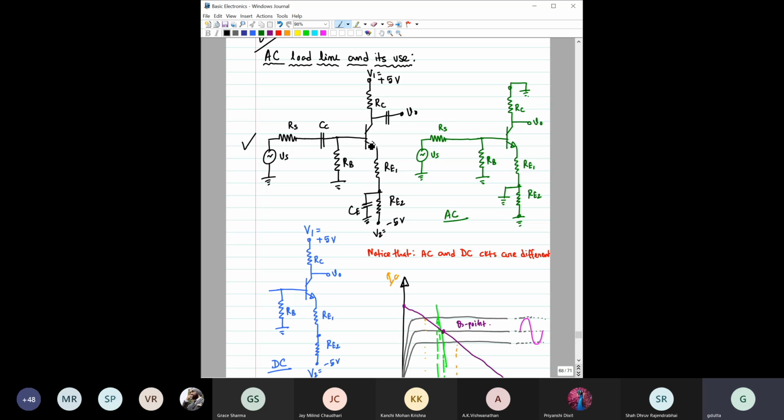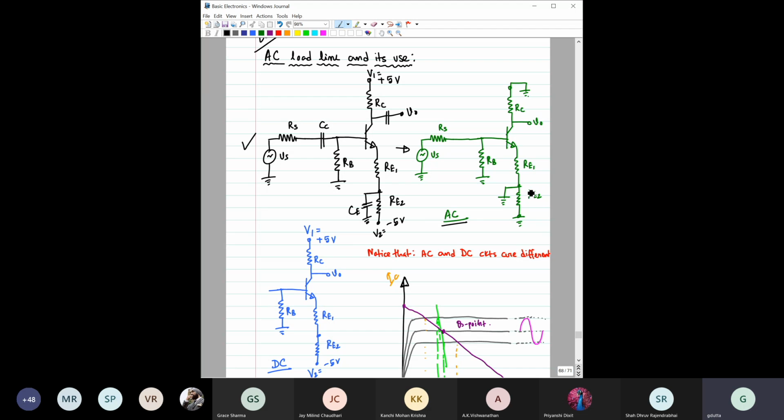So if you consider this amplifier circuit and see its AC equivalent circuit, it looks something like this. You will recall that all the DC voltages are grounded here, and the capacitors are shorted.